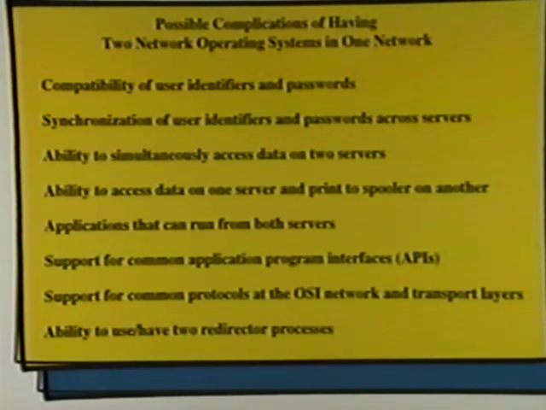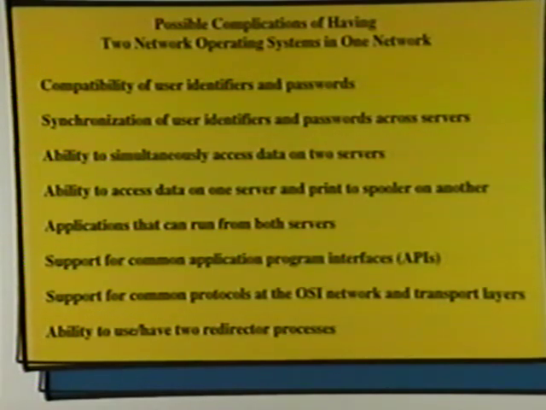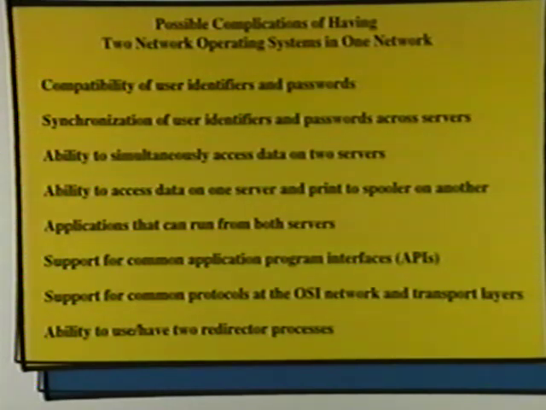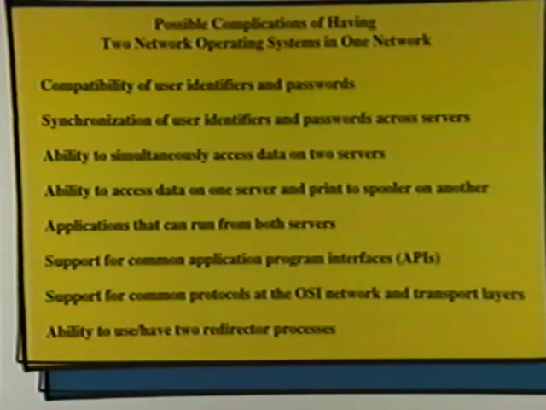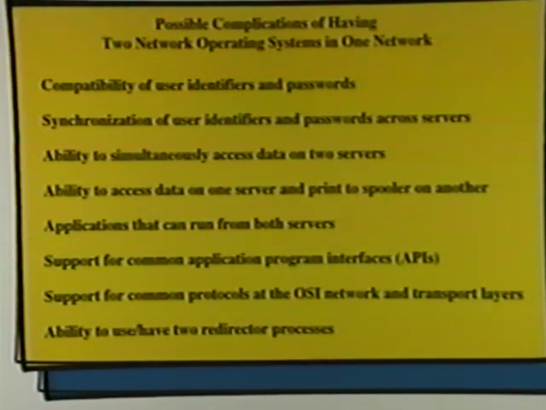And what sometimes you find is that when you use two different operating systems in a network, the way they format user IDs and passwords are not compatible. The same can be said when talking about servers and trying to synchronize user identifiers and passwords.